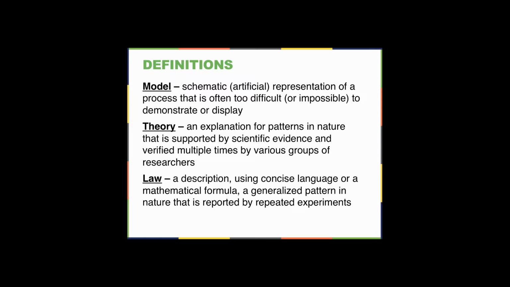Now, I am not going to get into the problems of induction, but again, even with a law, it is possible to falsify a law. And so both theories and laws can be falsified and can be questioned.